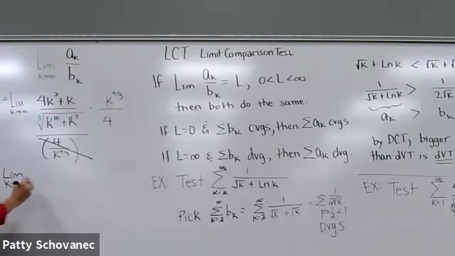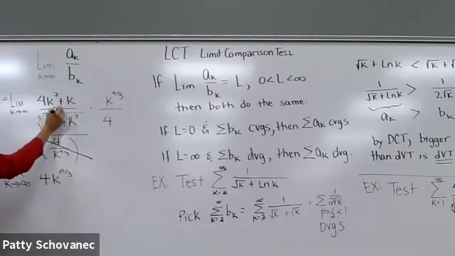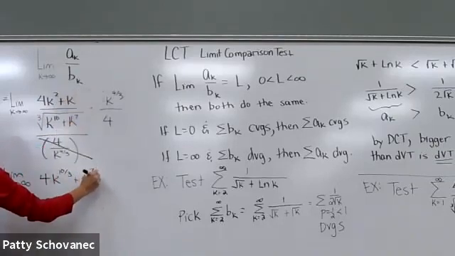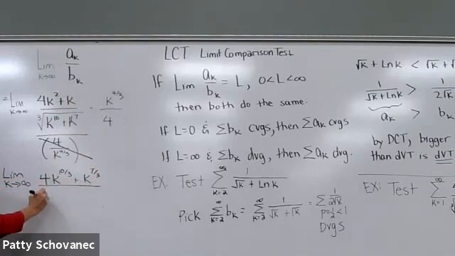That gives me a 4k to the 10/3 plus k to the 7/3. Can you tell the value of that limit by looking at the ratios of the highest powers in the numerator and denominator? It'll be 4, right? The limit's going to be 4.